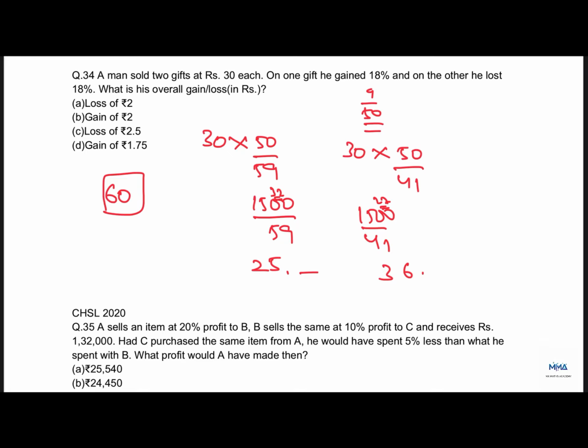So 246 is 24 something. This will be around again 6. So 61.55, 61.6. So here we have some decimal. So by adding these two, we get somewhere around 61.7 something. So the loss is close to 2 rupees.